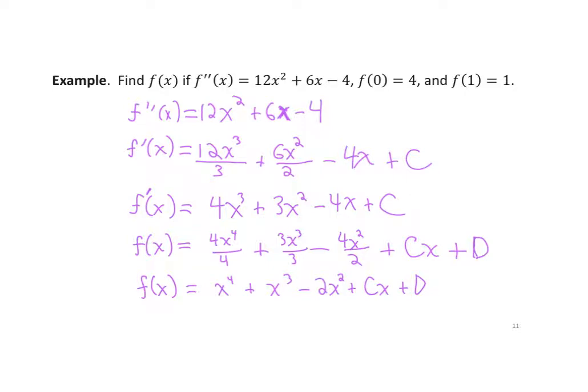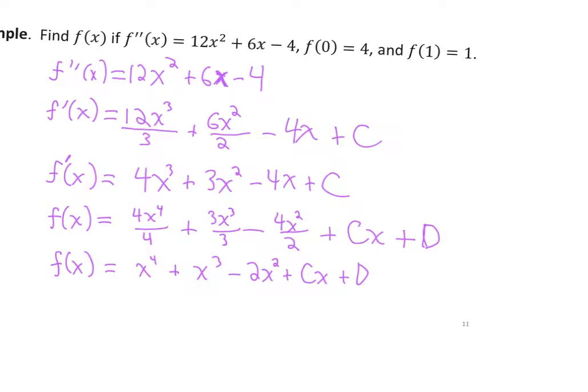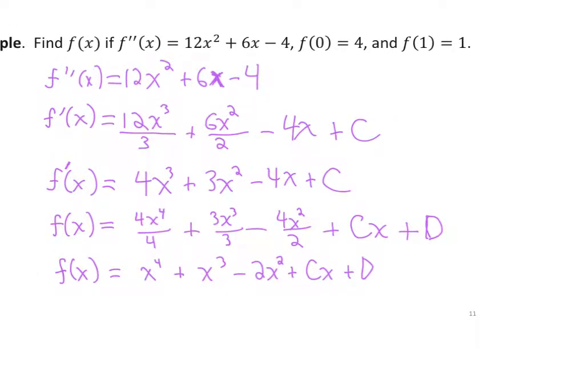Now, taking what we've done so far, we need to use our given pieces of information to determine c and d. So notice f of 0 will be 0 to the fourth plus 0 cubed.